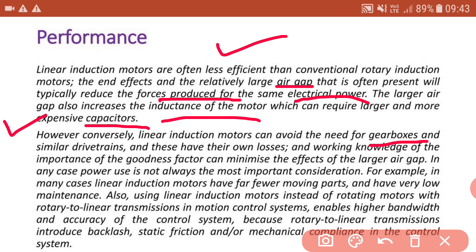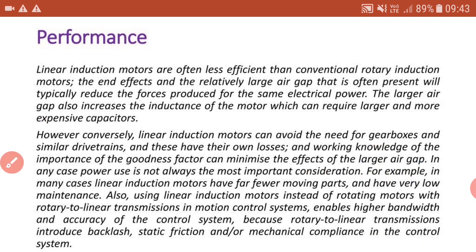Working knowledge of the importance of the goodness factor can minimize the effects of the larger air gap. Gearboxes and similar drivetrains can be avoided.